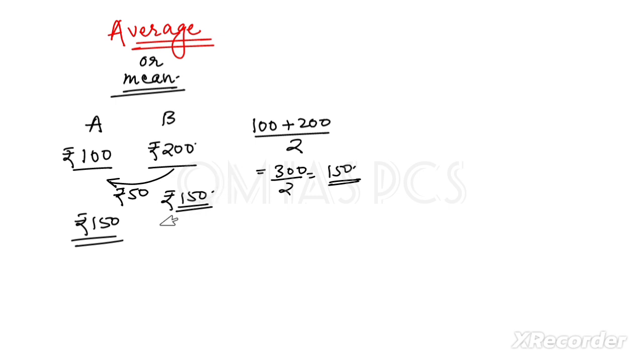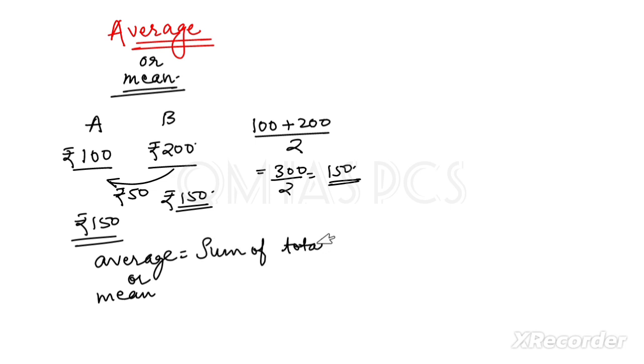A simple basic formula is that whenever we have to find the average of any numbers, just write: average or mean value is equal to the sum of total observations divided by the total number of observations.